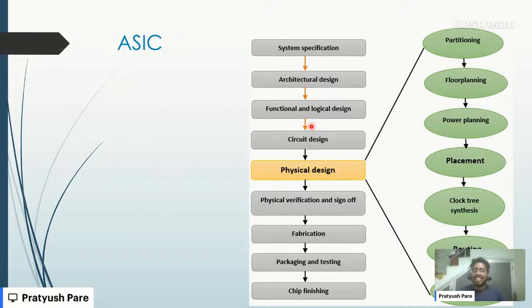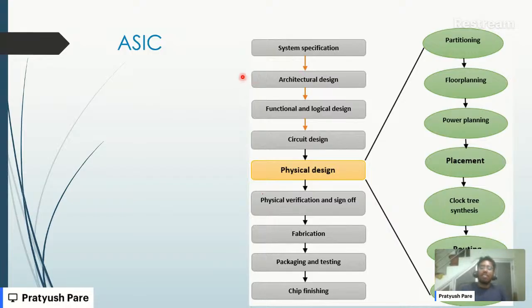Thanks. Okay, so let's start the ASIC part. It's already late now. So, system specs. Just like any other design, we design the system specifications. After that, we design the architecture.